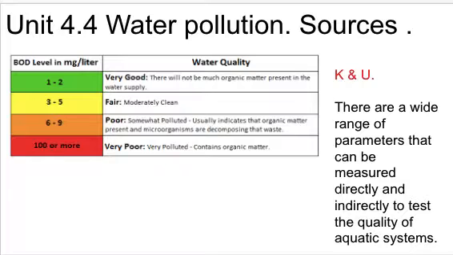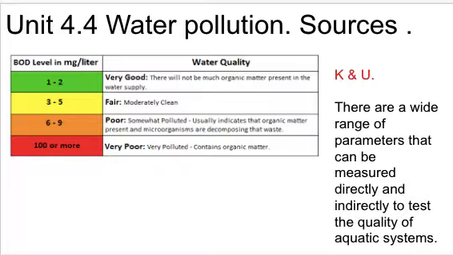To help you understand why we look at biological oxygen demand and how that works, it's about the amount of nutrients that are in the water. The organisms in the water will consume those nutrients, and when they consume those nutrients, they will be consuming oxygen as well.